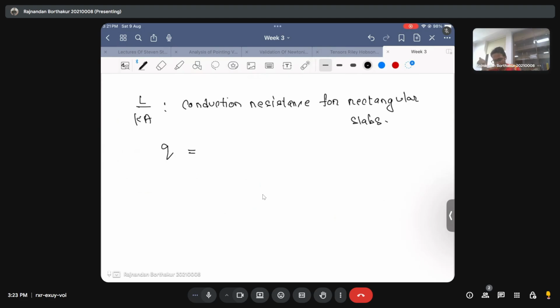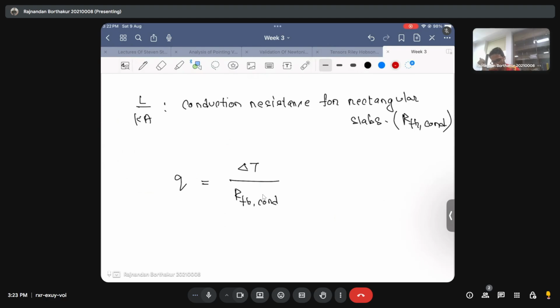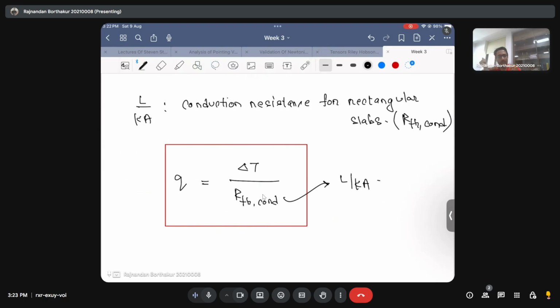So this rate of heat transfer is nothing but the temperature difference, delta T, divided by your RTH of conduction, which is what we call the conduction resistance for this rectangular slab. You know that your RTH of conduction is just L upon Ka for rectangular geometries.